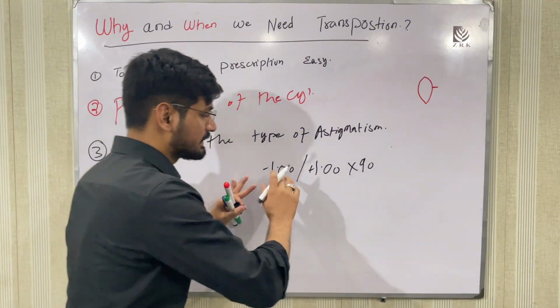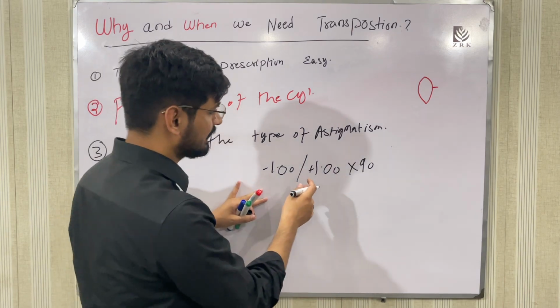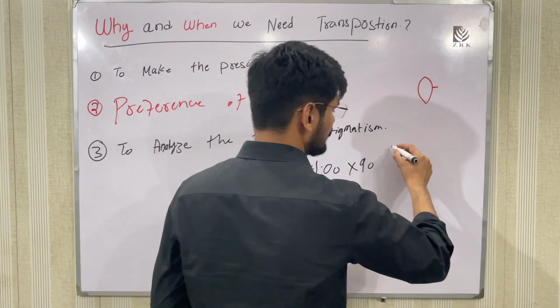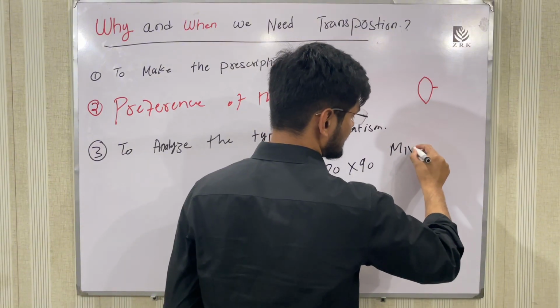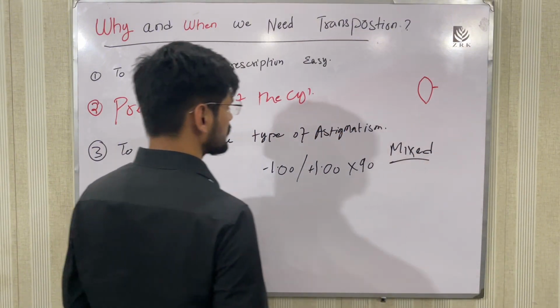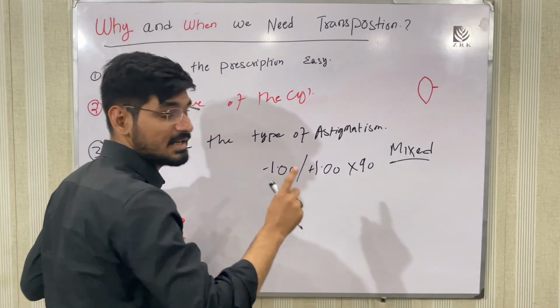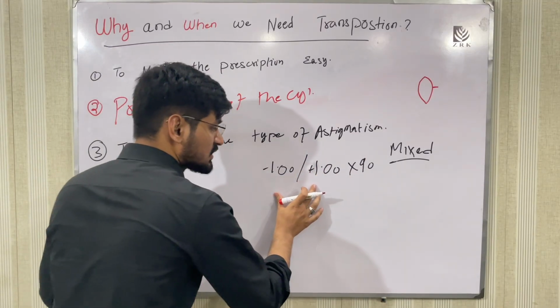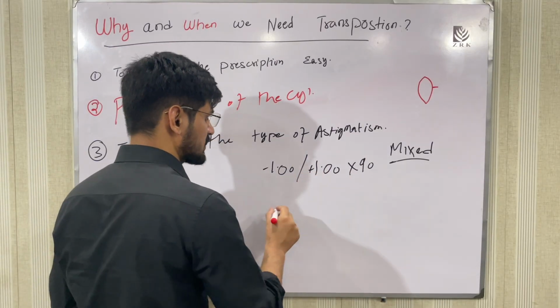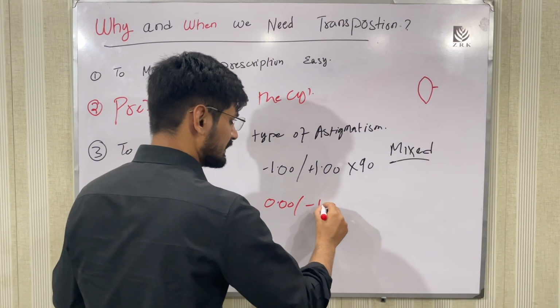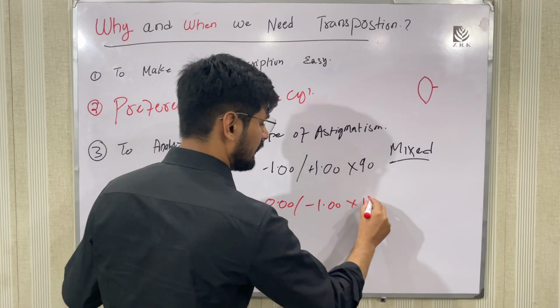If I look generally, it looks like a mixed astigmatism. Mixed astigmatism. So if I look generally, it looks like mixed astigmatism, but after transposing this prescription, it will come with 0 sphere and minus cylinder at the axis of 180 degrees.